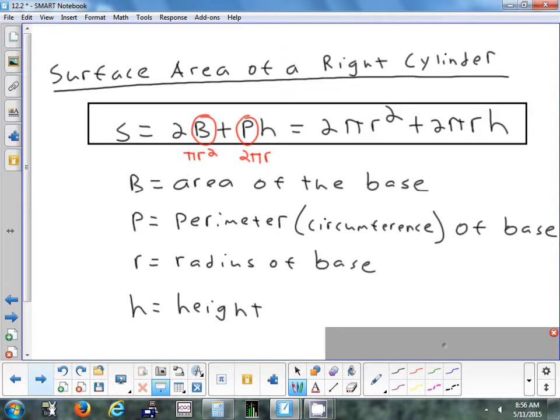B is the area of the base. P is the perimeter. When I think of these formulas, honestly, I only remember what's on the left. Double the area of the base plus perimeter times height. And then in my head, I figure out what's the formula for the area of the base for the shape I'm working with. That you have to memorize or use a reference sheet.